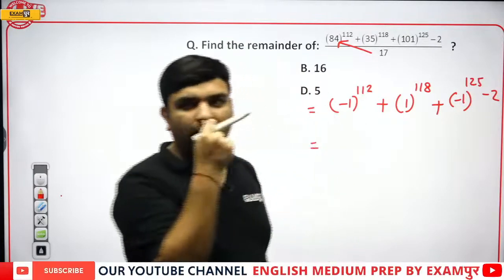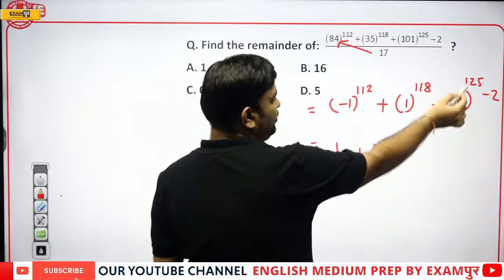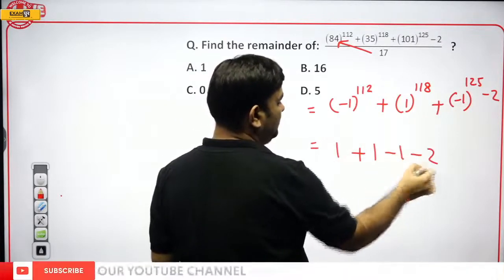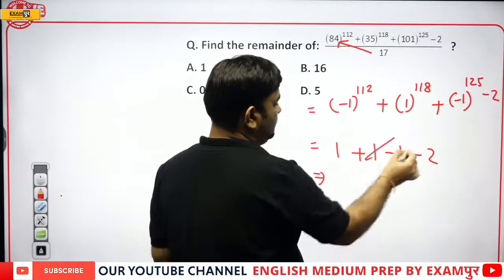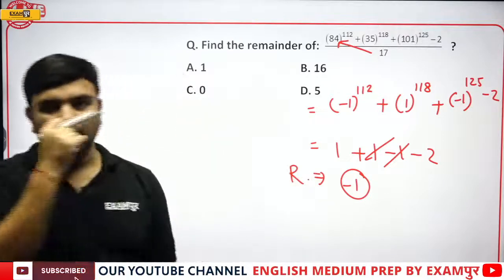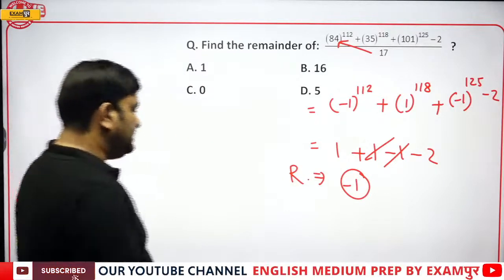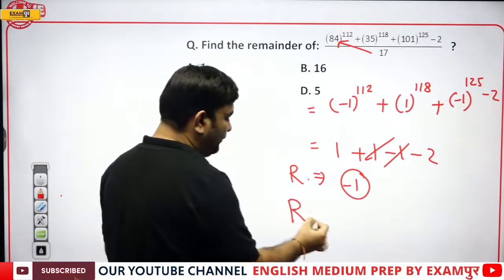Minus 1 raised to power even is positive 1. Minus 1 raised to power odd is negative 1. So 1 minus 2 minus 1, ultimately my remainder is negative. Guys, how can you make the final remainder positive?